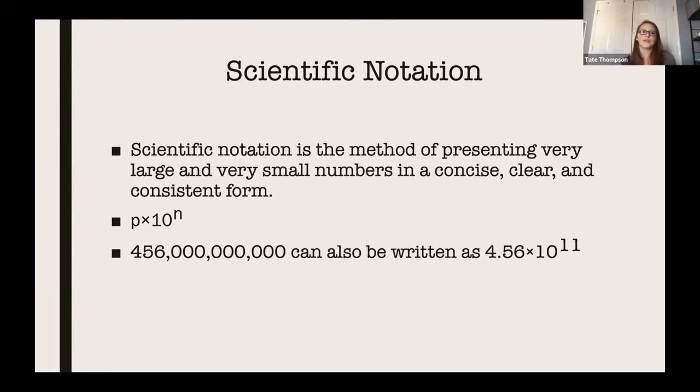So we have the general equation p times 10 to the nth power, where p is a number 1 through 10, which are all significant figures, and n is the number of places you move the decimal point, which if you move it to the left, it's going to be positive, and the right, it will be negative. So we see in this example, we have a very large number that can also be written in a small, consistent form that makes it easier to transcribe. Maybe you are less likely to miss a group of zeros or not write any extra down.